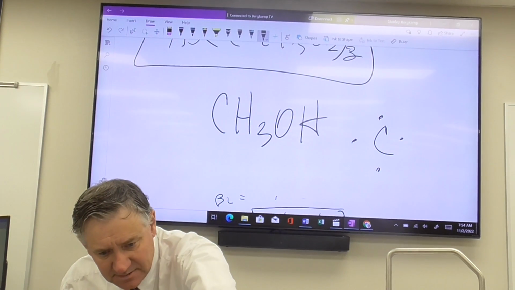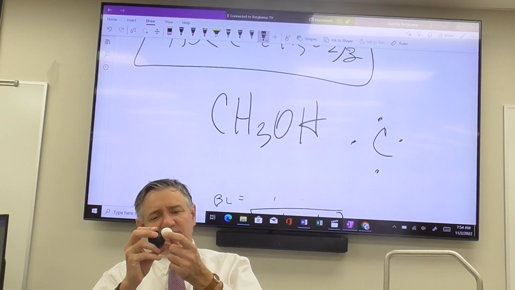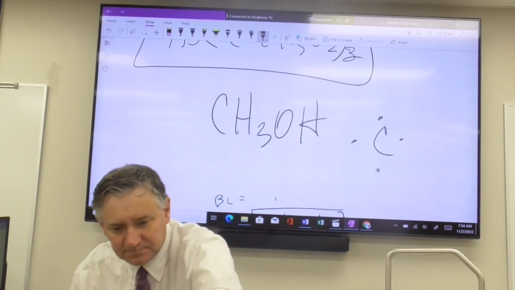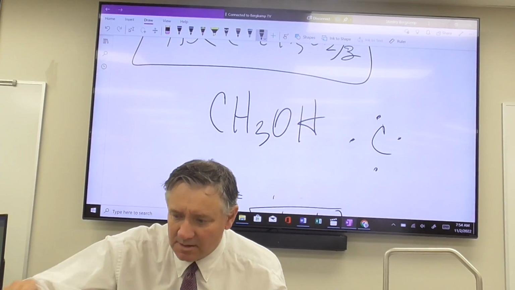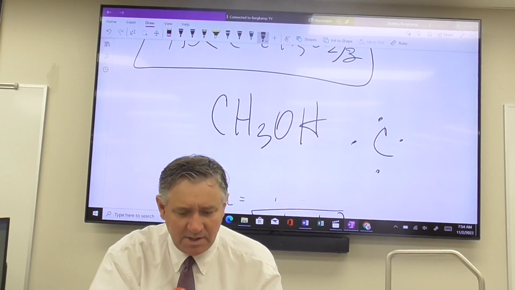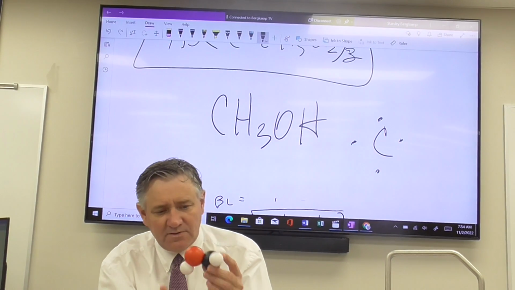So what happens is that this 1 carbon is going to bond with a hydrogen, and then on the end of this, we're going to stick an oxygen with another hydrogen.